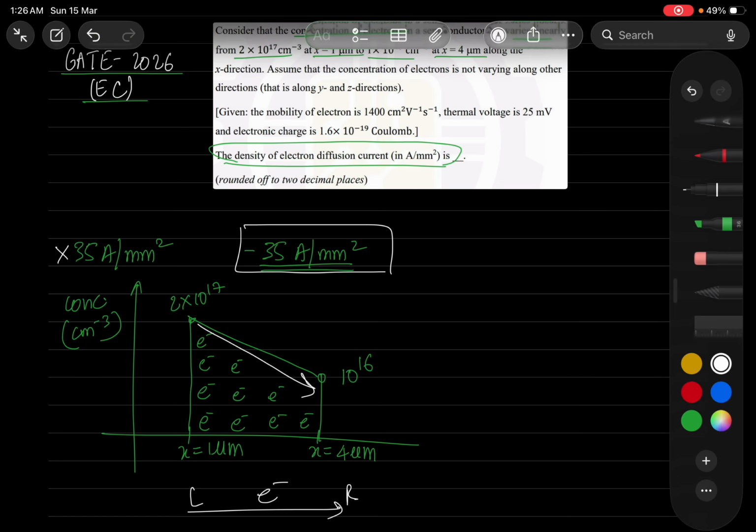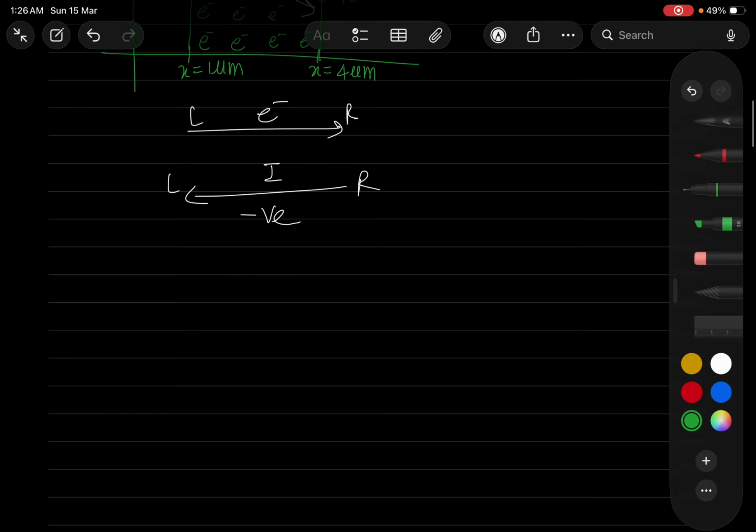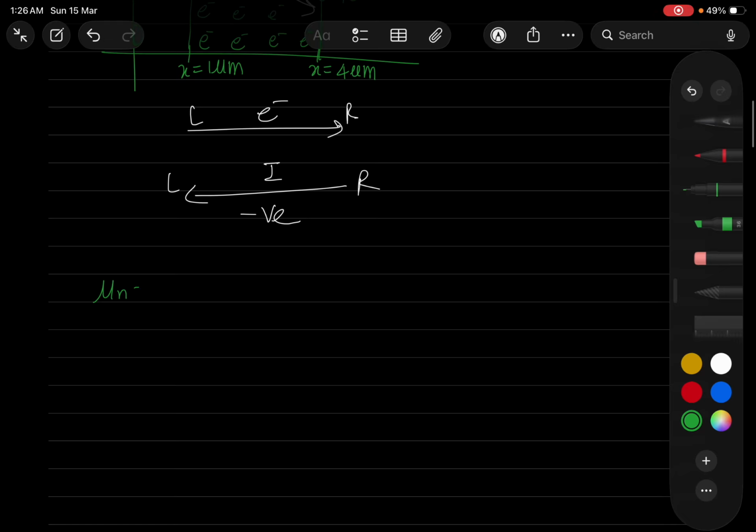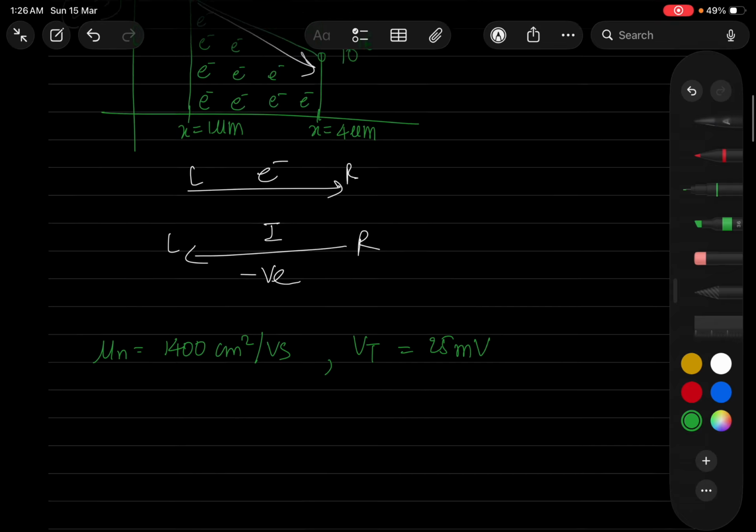What's given is the mobility of electrons, which is 1400 centimeter square per volt second, and the thermal voltage to be 25 millivolts. So mobility mu n is 1400 centimeter square per volt second, and thermal voltage Vt equals 25 millivolts.